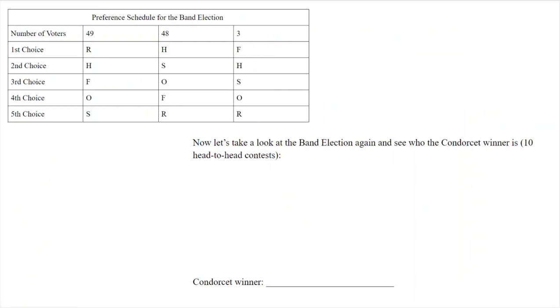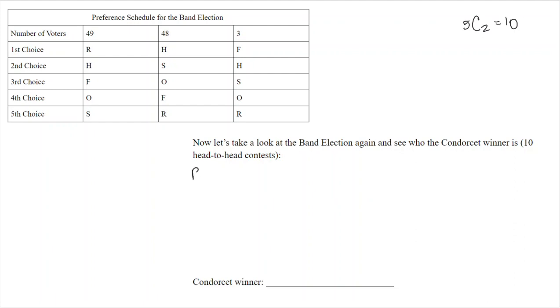Now, let's look at the Condorcet winner. So for Condorcet, you want to look at head-to-head matchups. And I've told you here that there are 10 head-to-head matchups. The way you can figure that out is however many candidates you have, choose 2. So that's how many head-to-head matchups we'll have. So I'm going to list out all of those matchups.